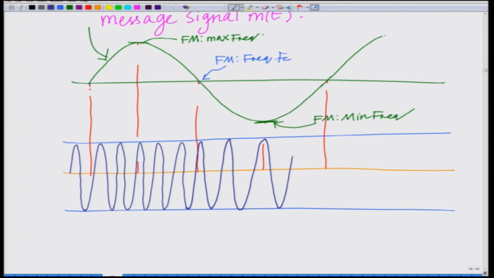This part corresponds to the lowest frequency, and again at the 0 crossing, it becomes equal to the frequency of the unmodulated carrier.